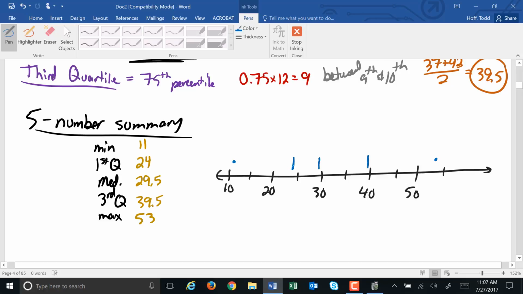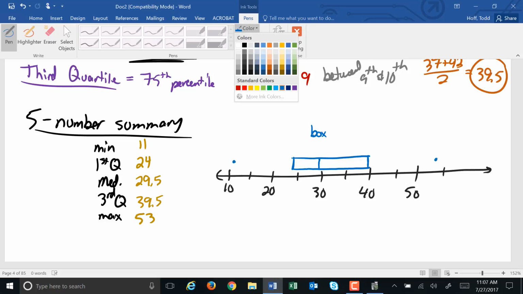Notice the first, second, and third quartiles are marked with those little lines. That's because I'm going to connect the tops of those lines like this. That's called a box. Real technical term there.